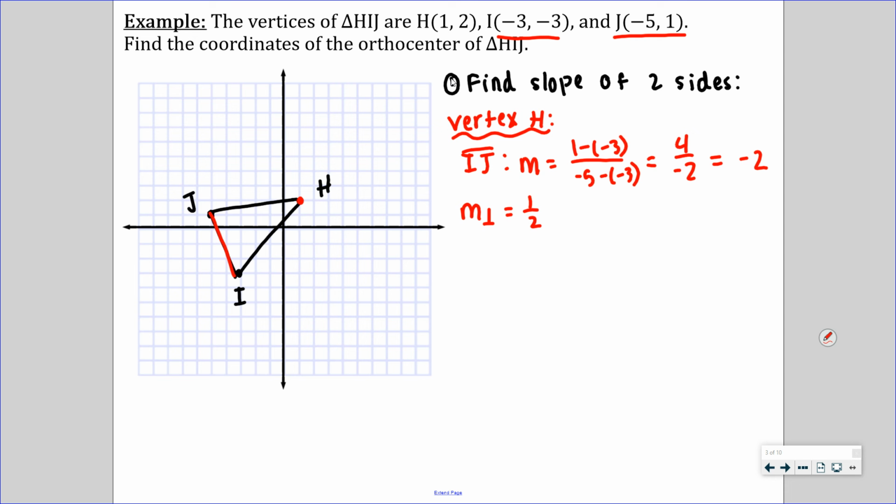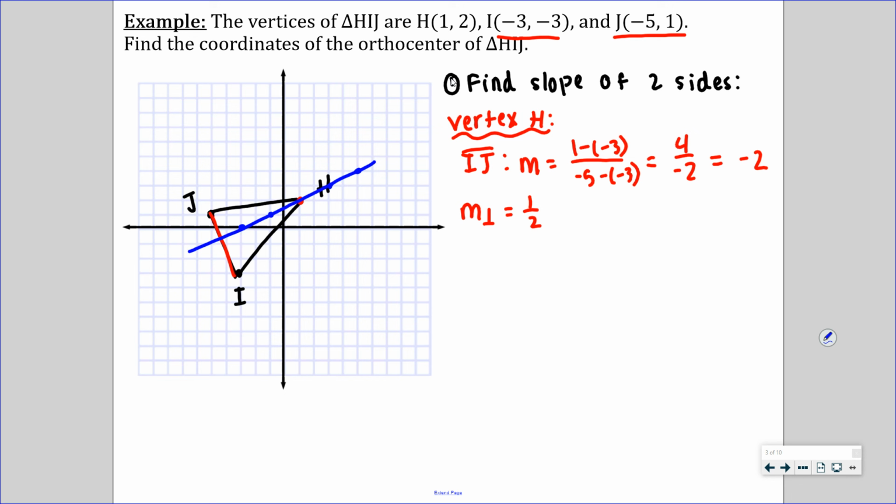So let's just go ahead and draw in this altitude. I'm going to use blue. I know it goes through point H, and I know it has a slope of 1/2. So we can go up 1 over 2, up 1 over 2, or we can go down and left, down and left. Either way, that's giving us a positive sloping line, right? So put a few points on there. Use your straight edge.